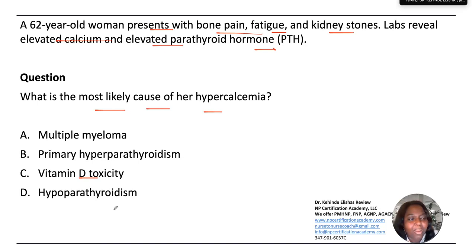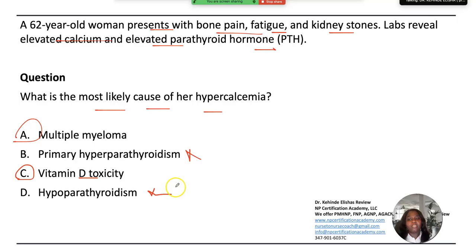There is primary hyperparathyroidism and there is hypoparathyroidism. So don't mix those two up. What will you likely eliminate first? What is the main thing you want to eliminate first? This is not telling us anything about multiple myeloma. And C is out. I'm going to suspect B and D, right?